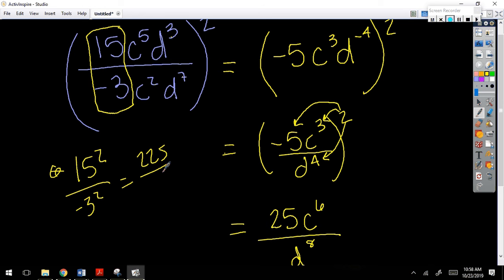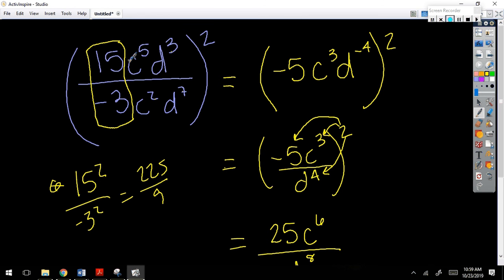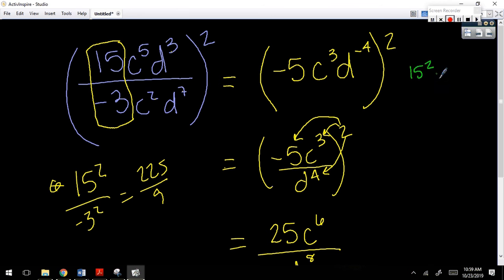Can you show us how you do it? If you squared it first, you would end up with 15 squared C10 D6 over -3 squared C4 D7. So this is 225 over 9, with the D4 together. Oh, yeah, sorry.